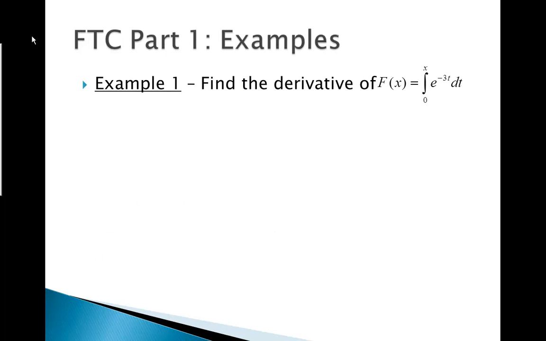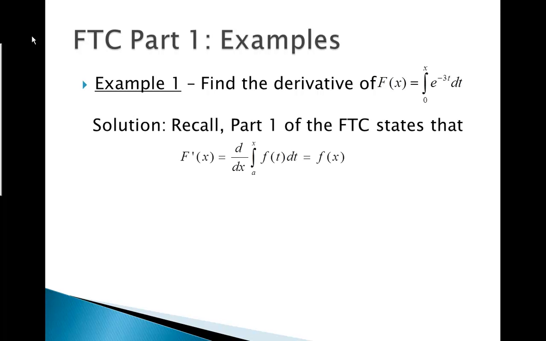In the first example, we're asked to find the derivative of the function that's defined to be the integral from 0 to x of e to the negative 3t with respect to t. Remember that the theorem tells us how to take such a derivative, and the theorem says that we replace t in the integrand with the upper limit x.